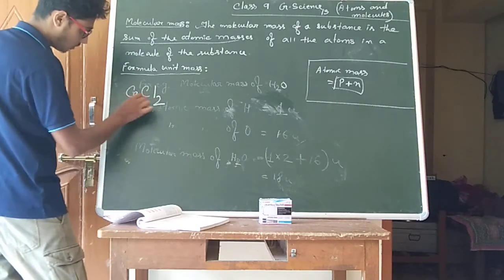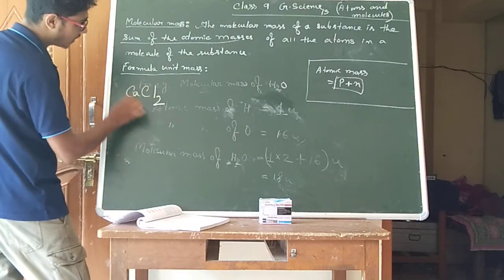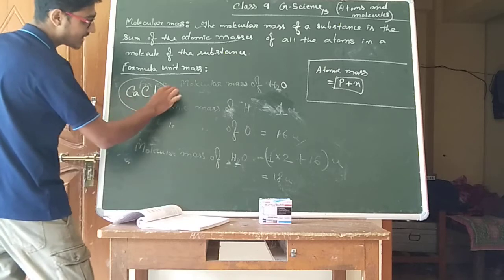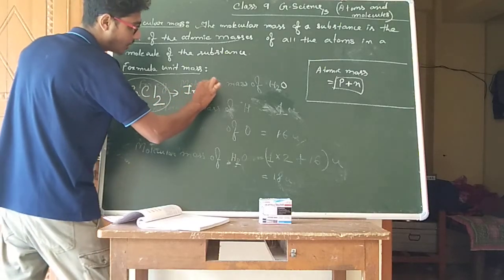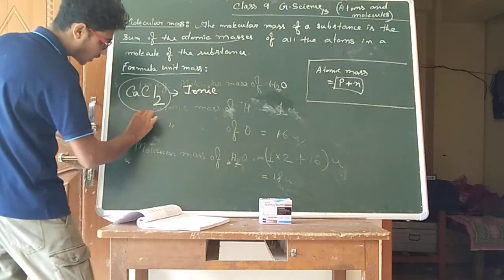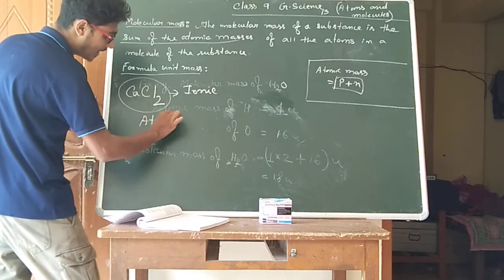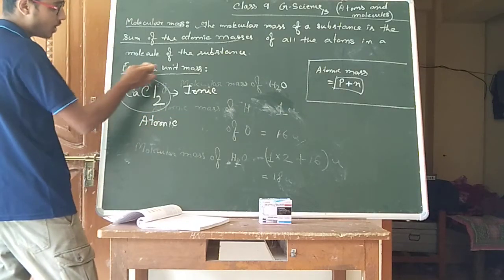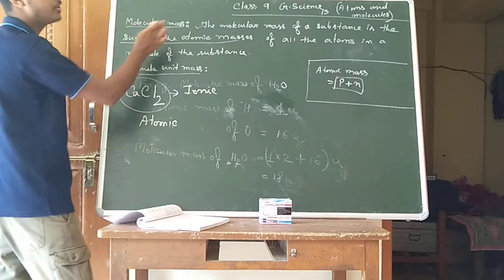Now we are going to calculate the formula unit mass for this compound because it is ionic. We calculate it the same way as molecular mass.